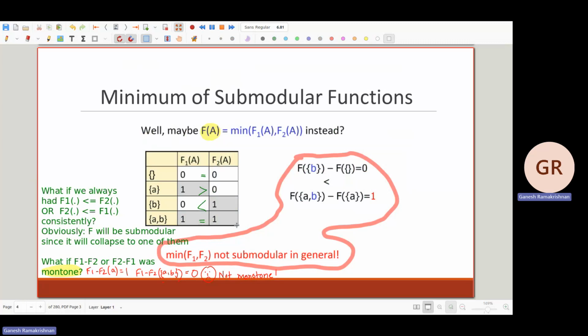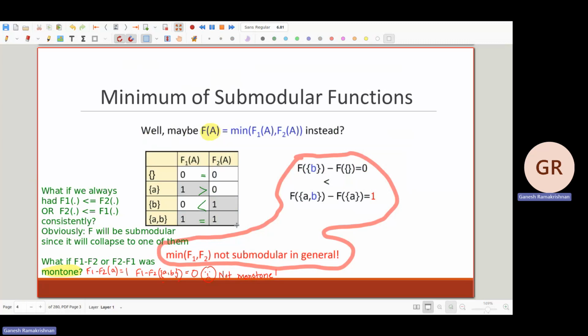Now what happens here? F of B minus F of the empty set, basically the gain by adding B to the empty set, is 0. Now, if the original set had A in addition, then F of A, B minus F of A is 1.